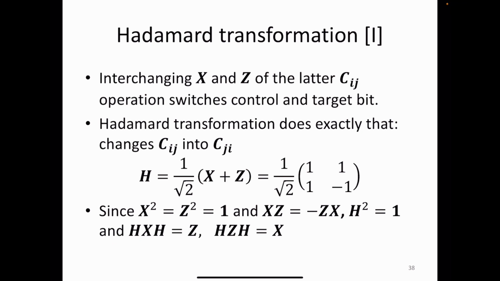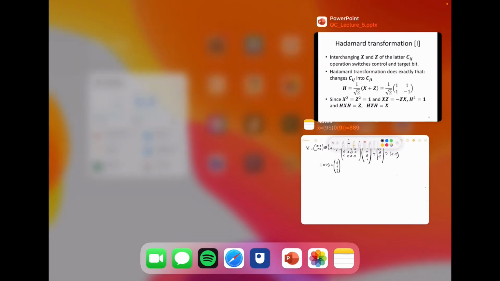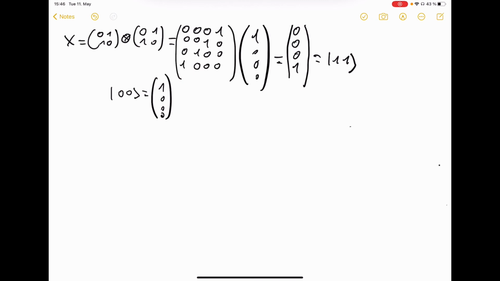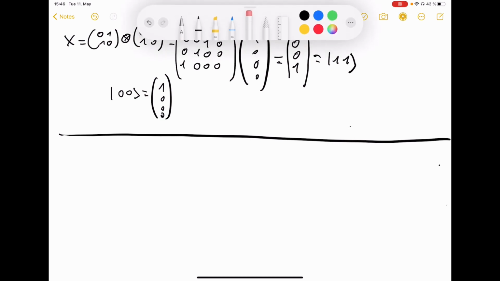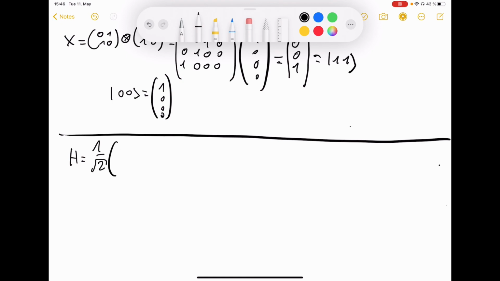Maybe we should look at a quick example. I'll show you how to do that. We remember the Hadamard transformation is given by this one here.